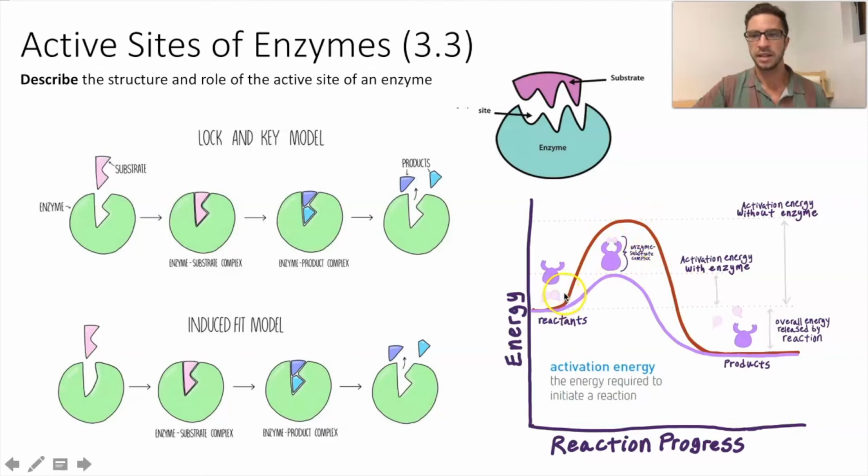And here we can see that there is energy needed for the reaction to progress. And it's actually quite a lot. But once it gets over that energy that is initially needed, then the reaction can progress and the products are formed. So that amount of energy to get the ball rolling, so to speak, is called the activation energy.